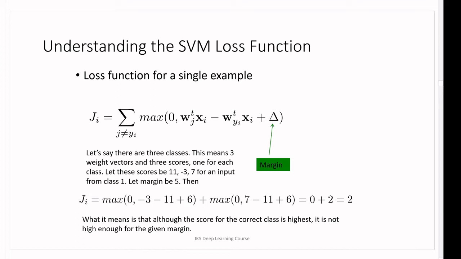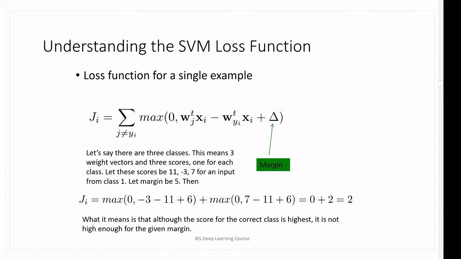So if you plug in the numbers, for class 2, the score is coming out to be -3. So we will have -3, and it will subtract 11, which is the score from class 1. And of course, we have our margin of 5.